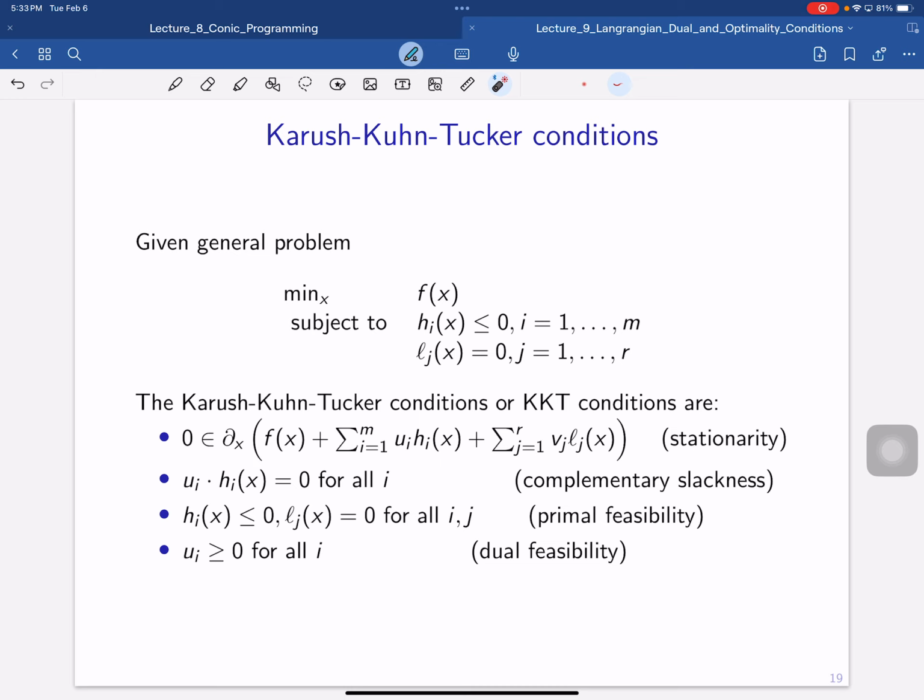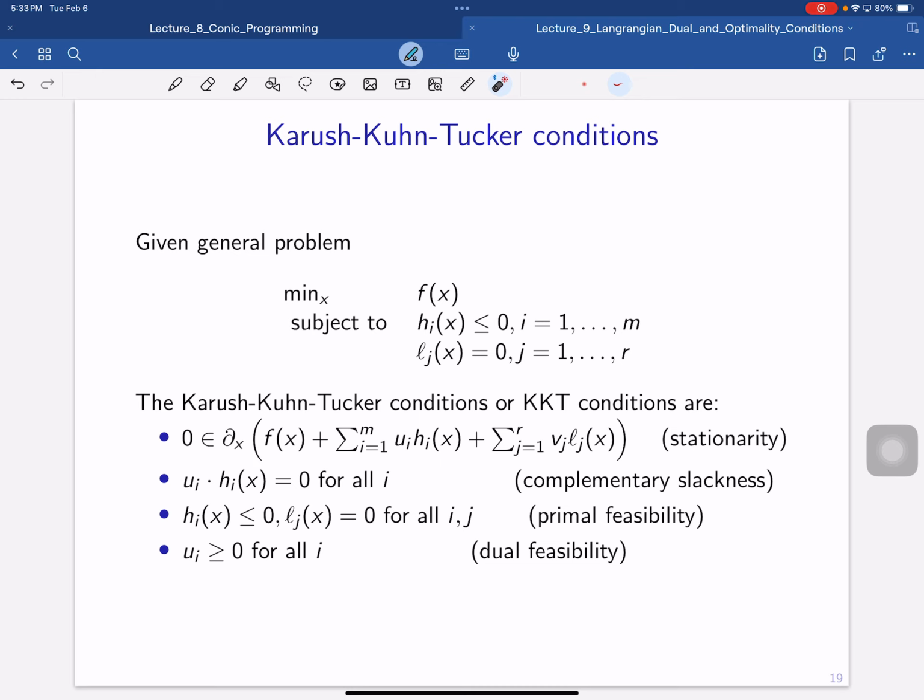Okay, and the last part is what we haven't seen before, which is called the stationarity constraint. It says if you take the gradient over x of the Lagrangian, then the gradient is 0. How do we interpret that?